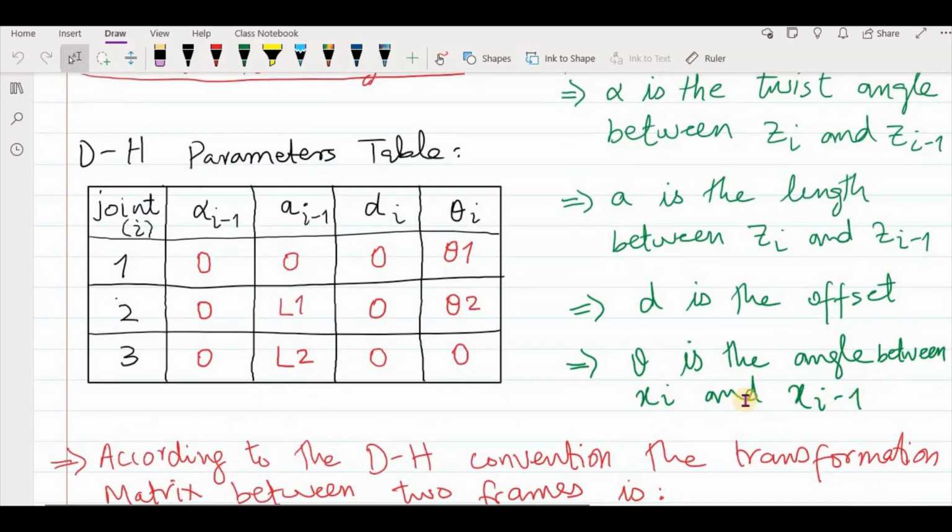Similarly, in the previous page we said that theta is the angle between xi and xi minus 1. This is not true.